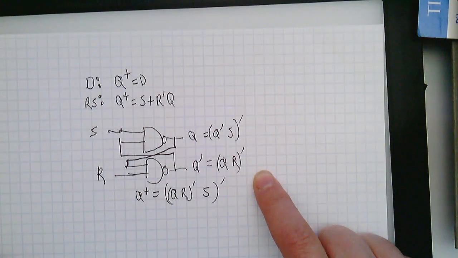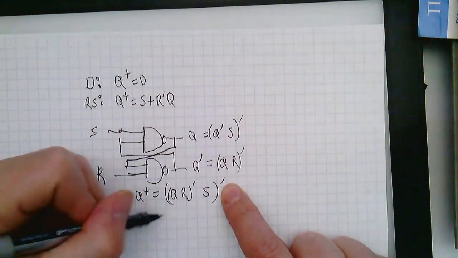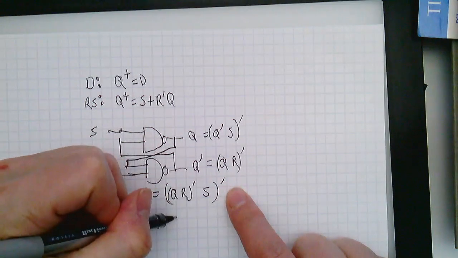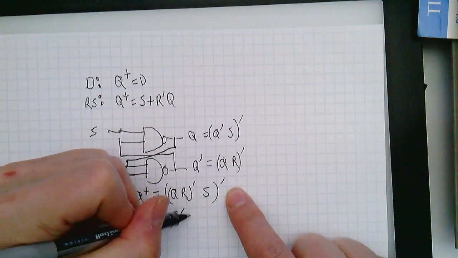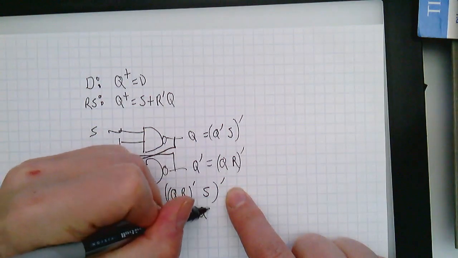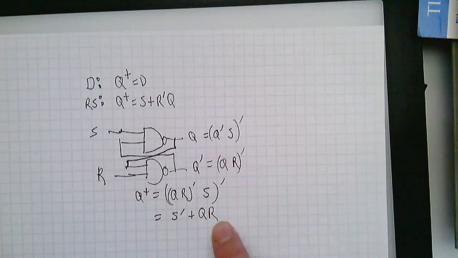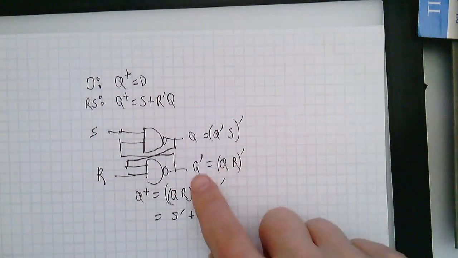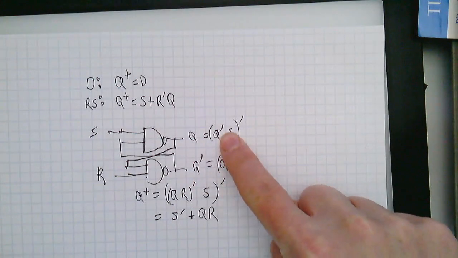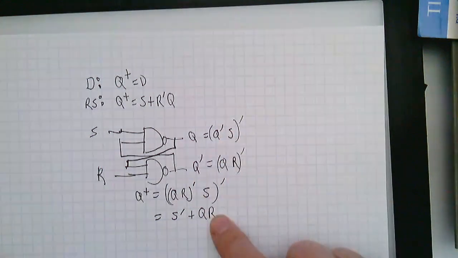Okay. Well, I can use De Morgan's theorem on that, and so that becomes S prime or QR. So that's if you take Q prime and back substitute it in here. So that's one way to write the present state next state equation.